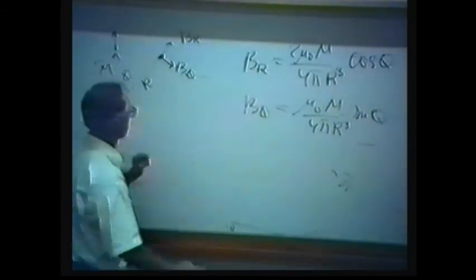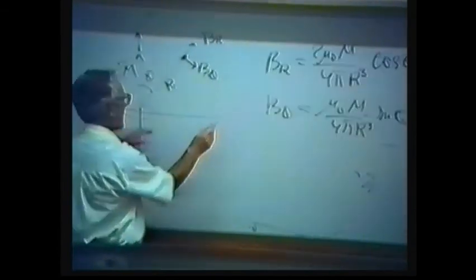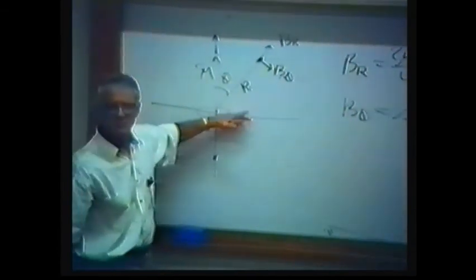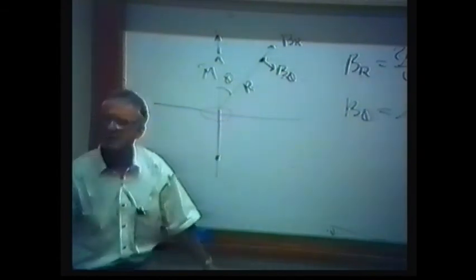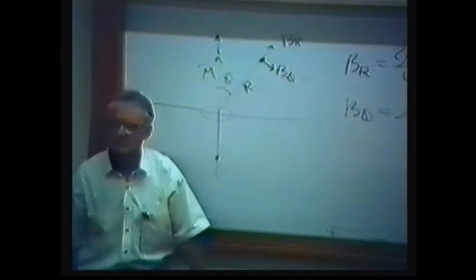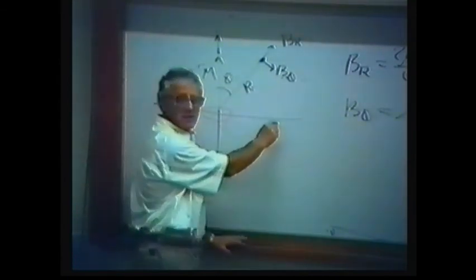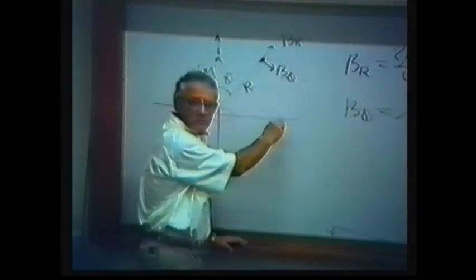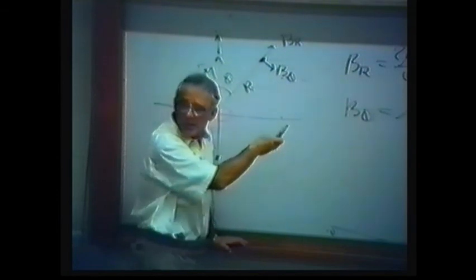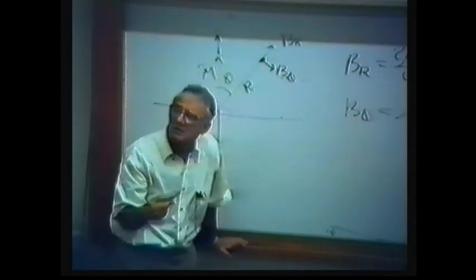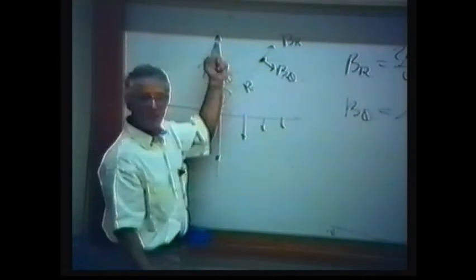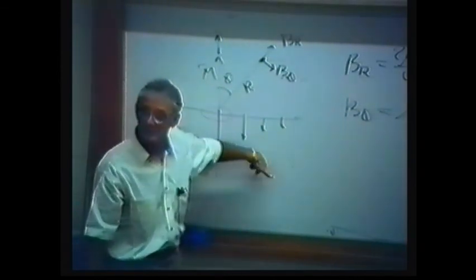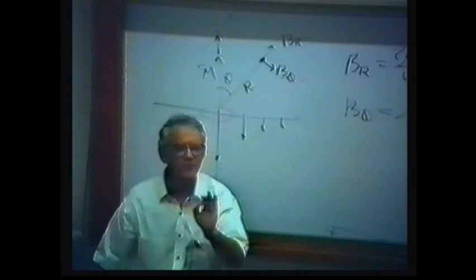Now, that's the first question. Now, that's called the equatorial plane. How is the magnetic field directed at the equatorial plane? Which component is equal to 0? BR. There is only B theta. So it's directed down. Moment up, field down. Two vital features.